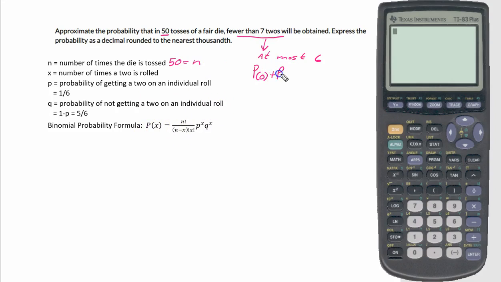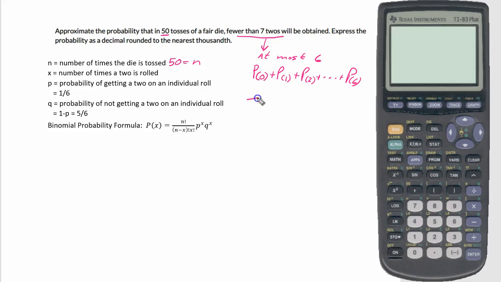Or the probability that you get exactly 1 2, or exactly 2 2s, and you keep going until you get up to P of 6. So you'd have to put these x values into this formula 7 times and add them up, and that would give you your answer.